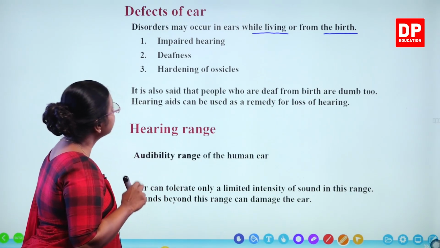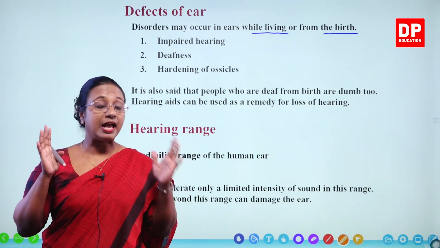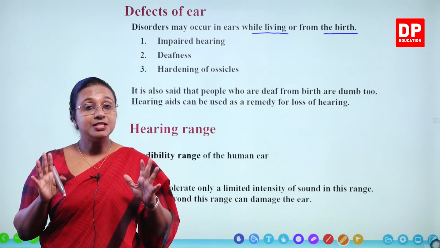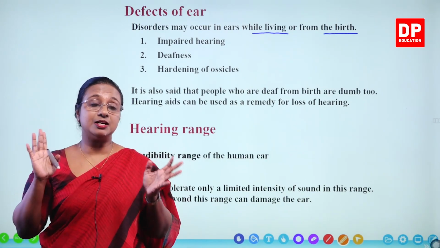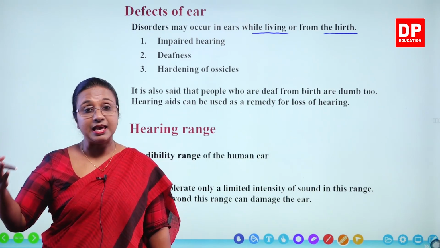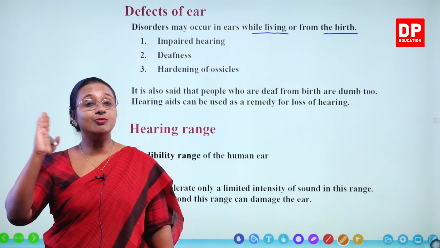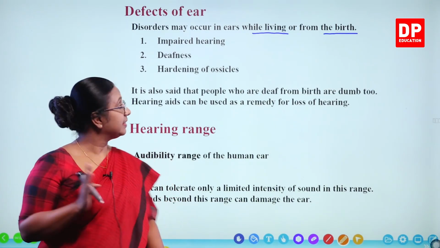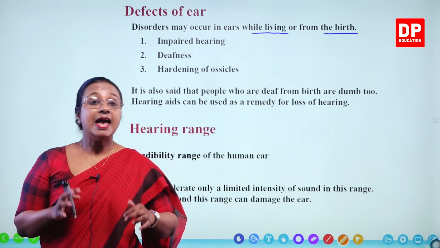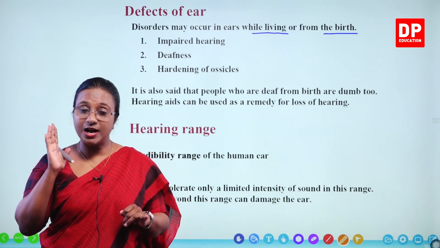The first one is impaired hearing. Normally, a person who can hear well initially has a very healthy ear. But due to certain reasons, maybe age or other factors, little by little they can lose the ability to hear. That is impaired hearing. It can affect both ears or just one ear.